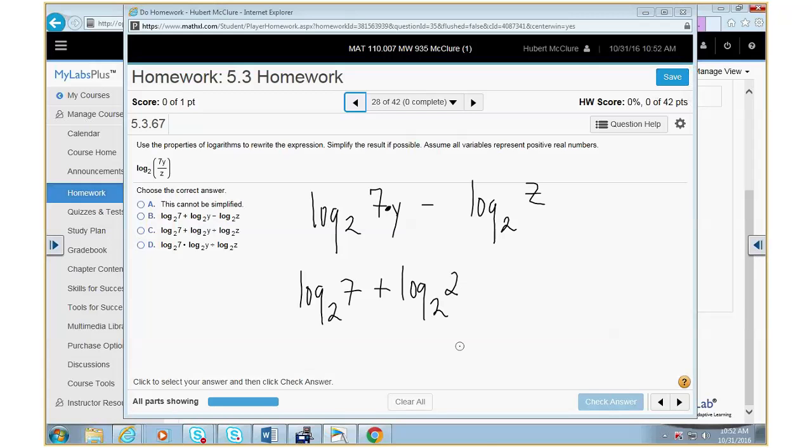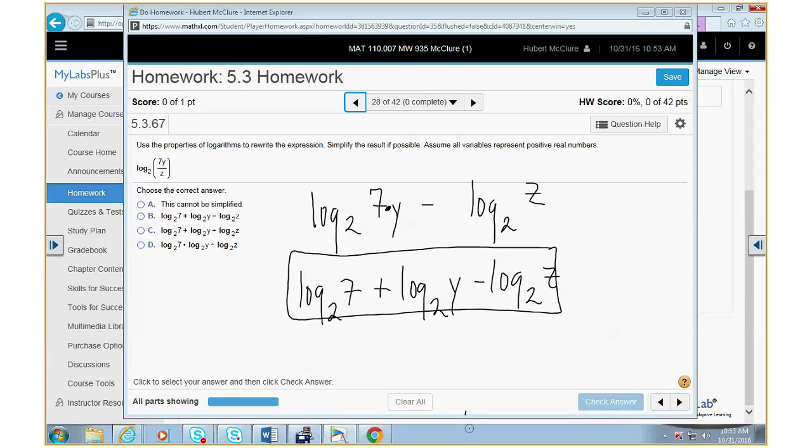Oops. And which one is that one? B. Now it's very important that you understand these rules, because in 5.4 or 5.5, I think we're going to skip 5.4.